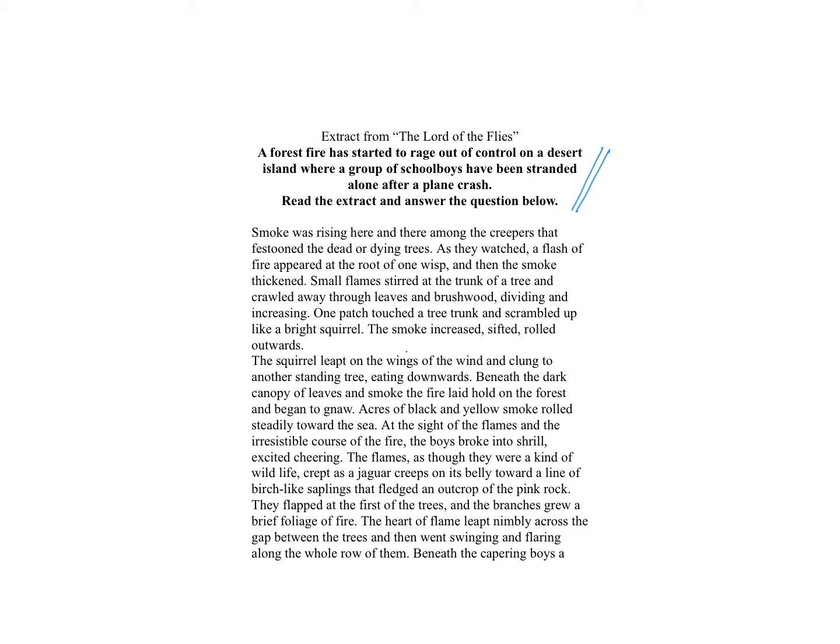Okay, so the idea that smoke is becoming increasingly obvious, and it's taking over what was a dead or threatening environment. Okay, so the fire is taking hold of somewhere that is already dead. I might pick up on the alliteration of flash of fire.